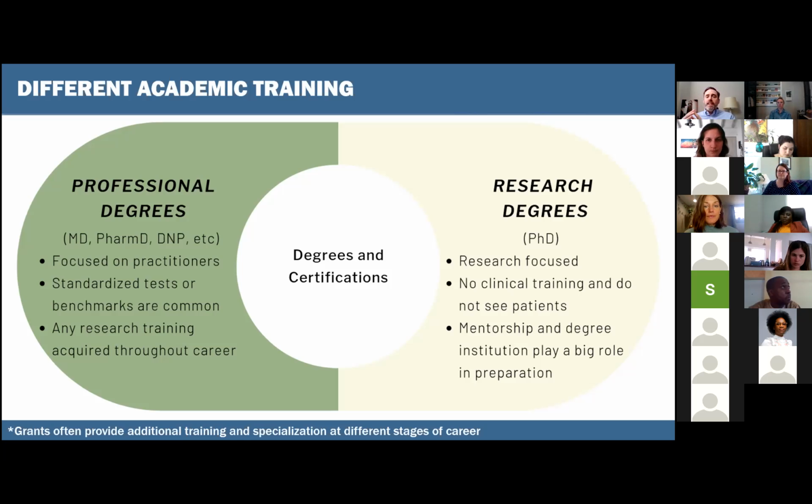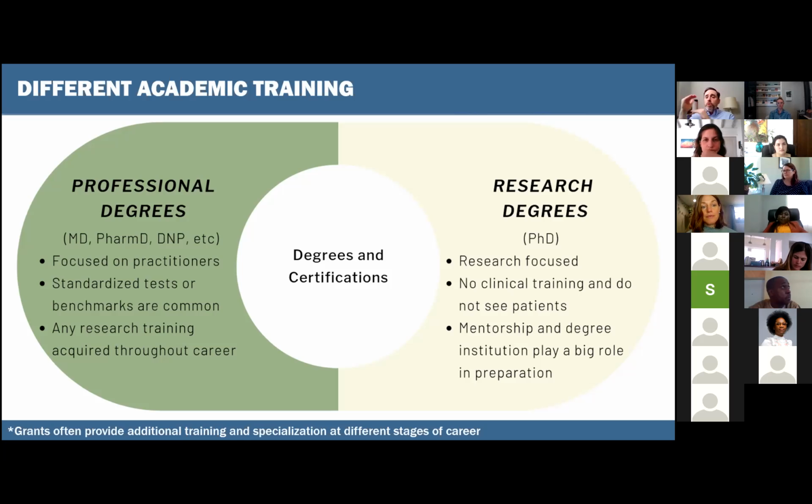And their training, instead of having kind of these standardized tests or professional benchmarks, it's much more of a mentorship relationship. They study under another investigator, or they study under another researcher. Their career training is much more eccentric, right? Like it could just be whatever that mentor is teaching them, or whatever career path that mentor had, they try and pass down.